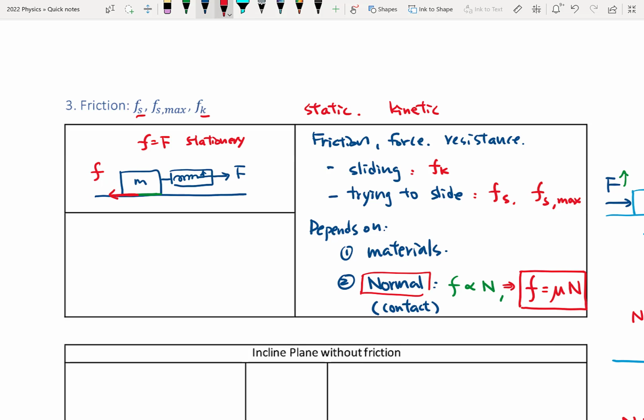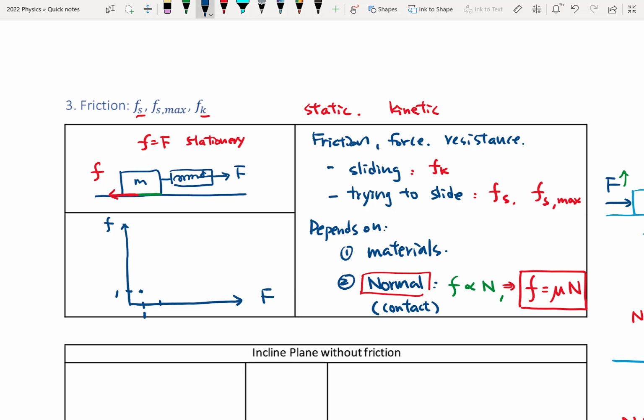If I put the numbers into a graph, this is the force you apply, and this is the friction. If you apply a small force, say 1 Newton, and the object is not moving, the friction will be 1 Newton as well.